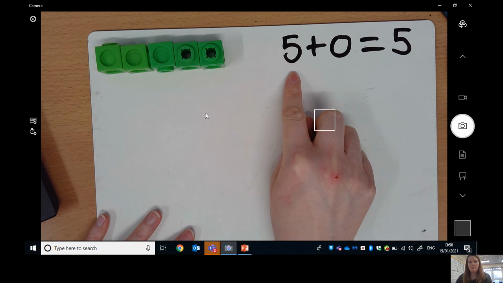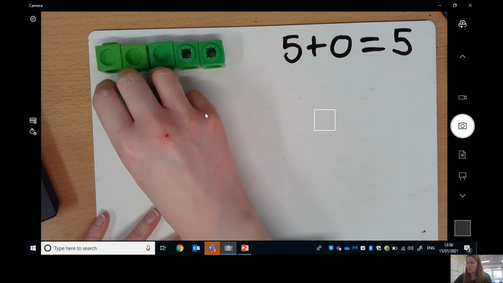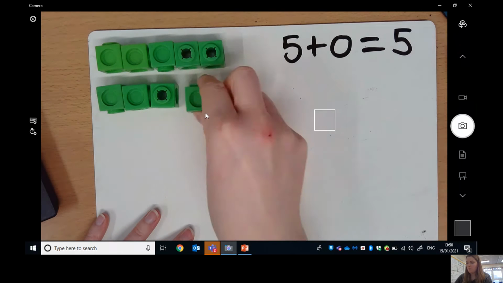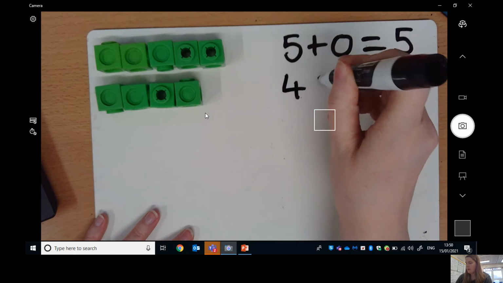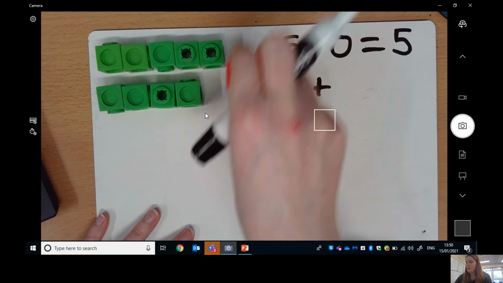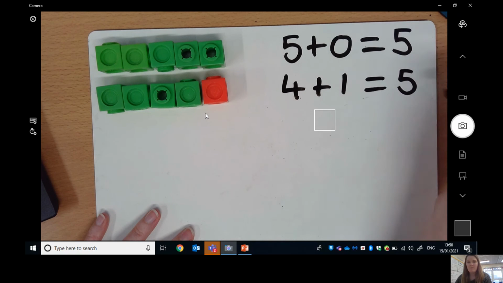Next number I'm going to try is 4. This time I'm going to get 4 cubes. 1, 2, 3, 4. What could I add to 4 to make 5? What's missing here? 1 cube. 4 plus 1 equals 5.